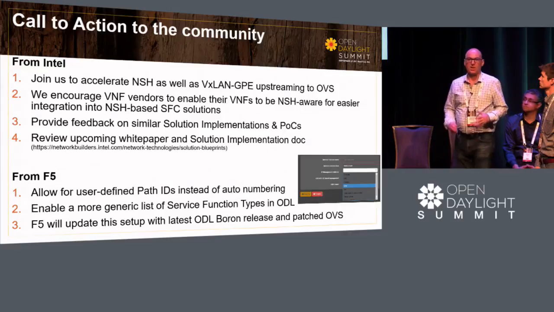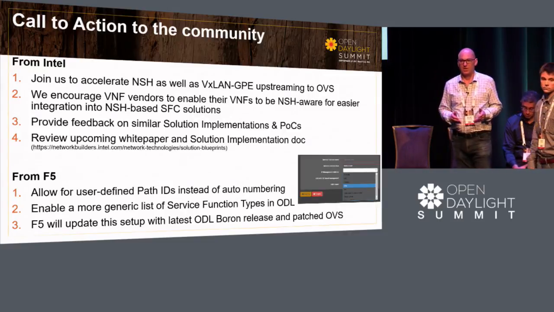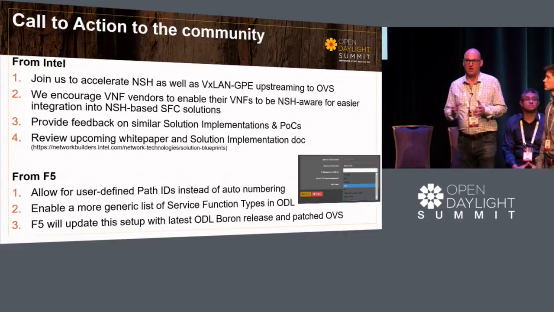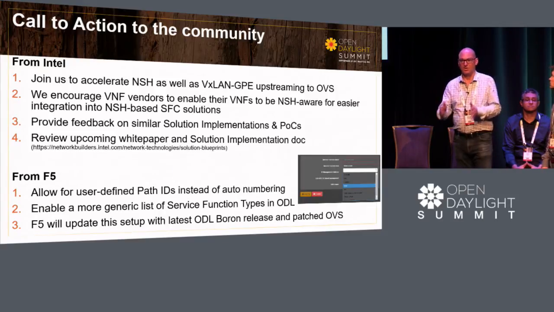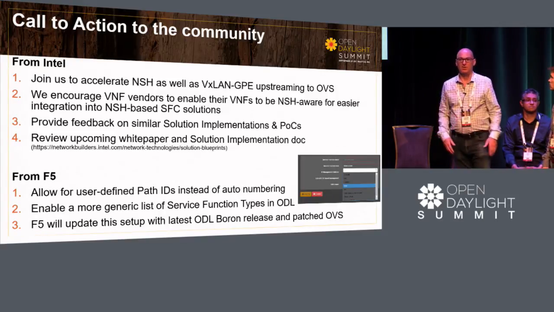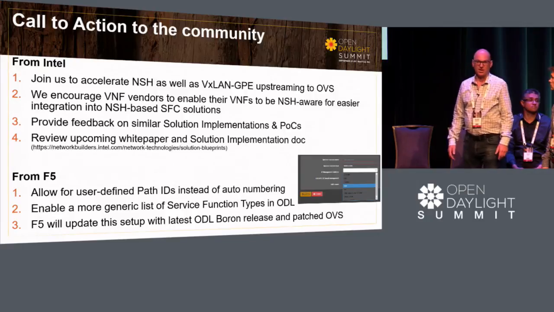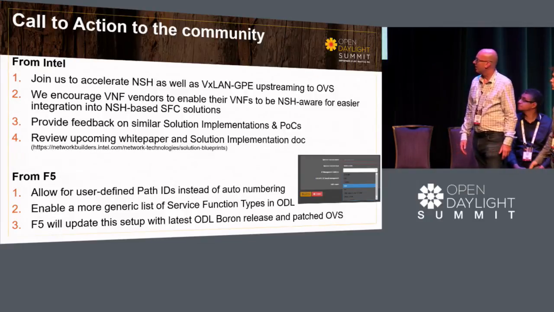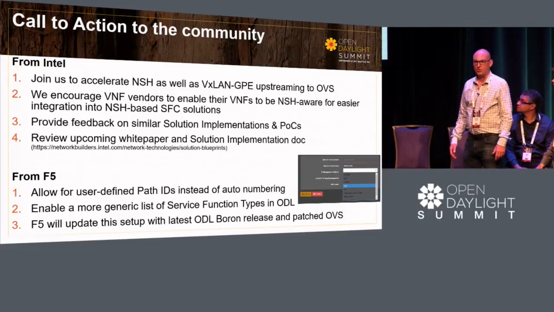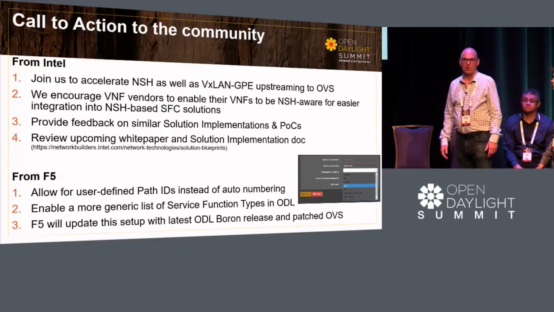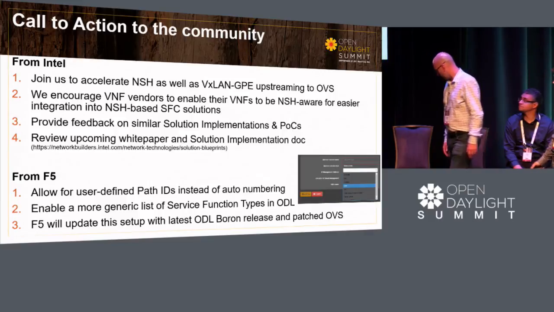The other one is enabling more generic implementation of VNFs, because not all VNFs fit into a firewall, a DPI, or something else. There's a large range of VNFs out there. And then F5 is going to continue to take a look at this with new technology, implement it with a newer Boron release.